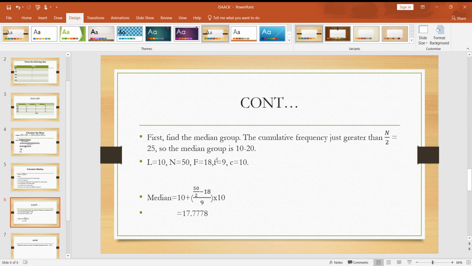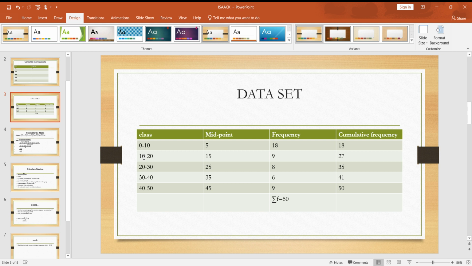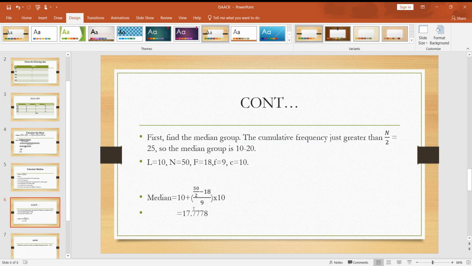That is small f, the frequency of the median group, which is 9 in the class of 10 to 20. Therefore, you multiply by the class width.